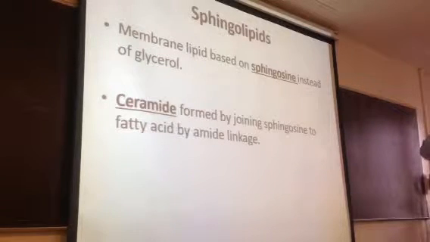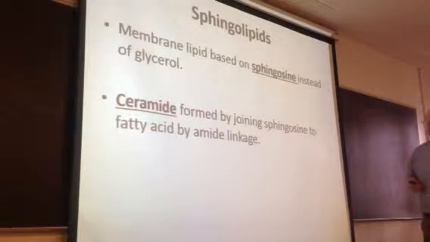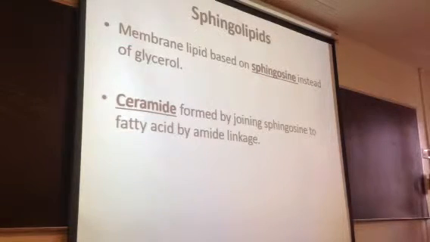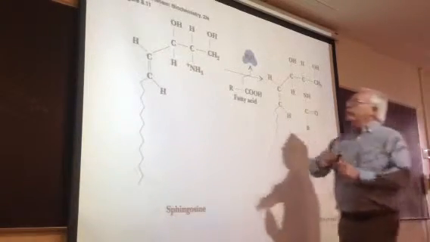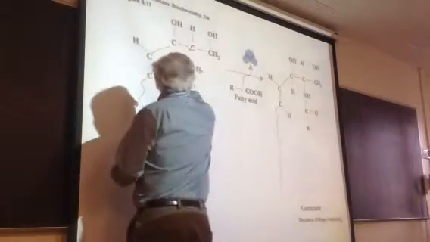Then there's another kind called sphingolipids, where instead of glycerol, everything is built on this molecule known as sphingosine. And this, so here's the sphingosine molecule. So glycerol was real simple.